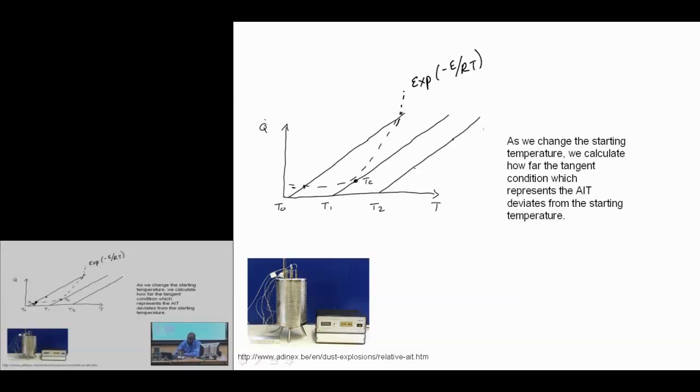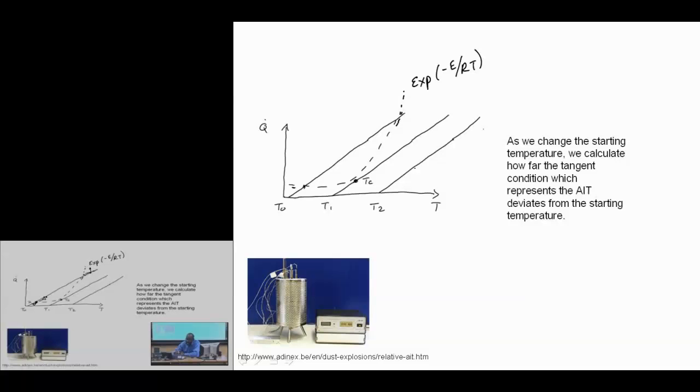On the other hand, if we start off at a temperature over here, it shifts down, and that's interesting, it moves towards this stable node where again reactions balance heat losses. If we were to start higher, then all of a sudden there's a thermal runaway because the reactions are always larger than the heat losses.